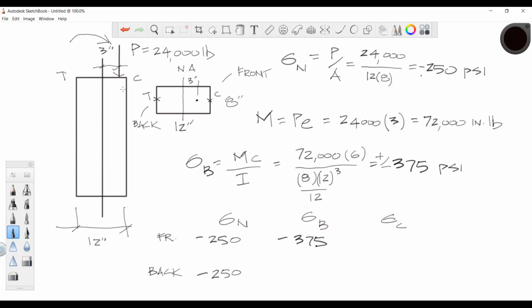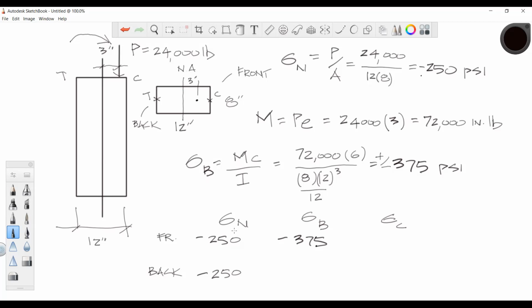But the compression across the cross section is just straight compression. That's why this guy just has one sign, positive or negative. But this guy, due to the bending moment, how it's occurring, it's going to be positive and negative. Does that help? Yeah, signage is important. Yes, definitely.